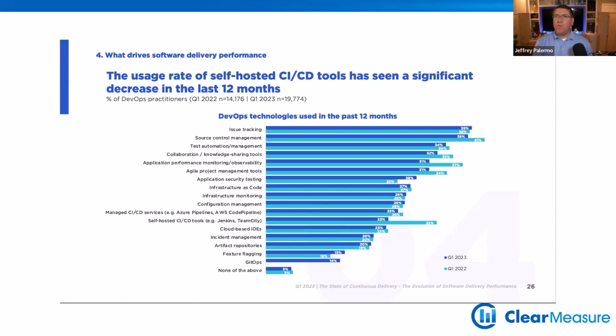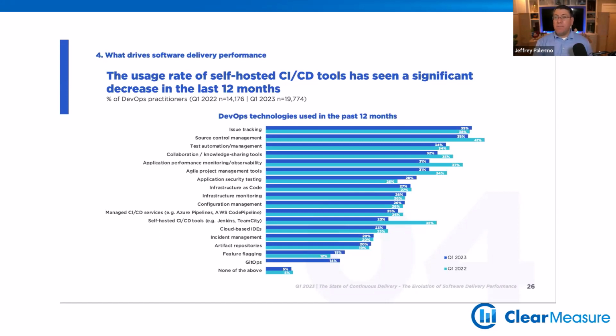But one of the questions is what do you use? What is the usage rate of self-hosted CI/CD tools versus cloud-hosted? And one of the findings is that people are moving to cloud-hosted CI/CD tools, and that has been a significant decrease. So the light blue is 2022, and the darker blue is 2023.